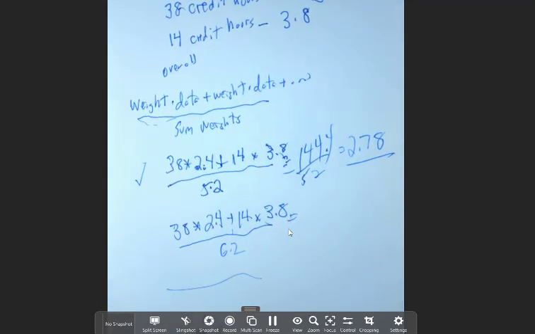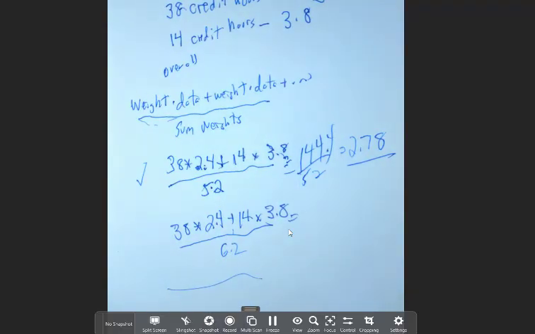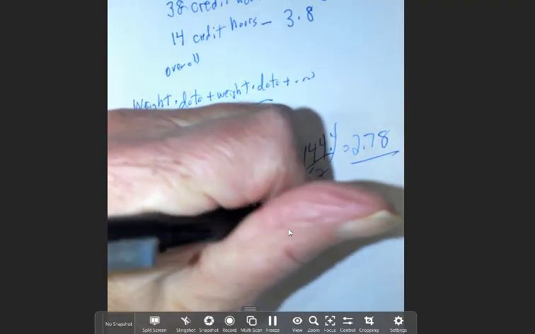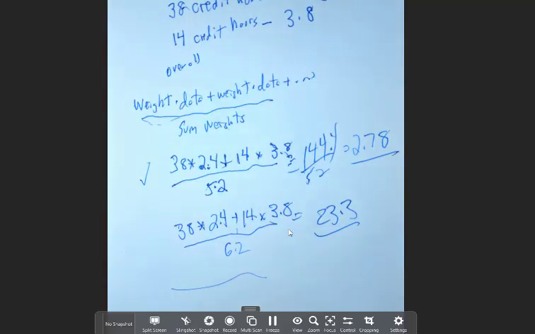But if you messed up and you got the weights wrong, let's do that one. 38 times 2.4 plus 14 times 3.8 equals, of course, 144.4 divided by 6.2, and I get 23.3. Which is ridiculous.